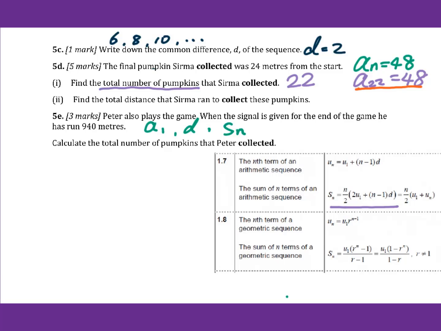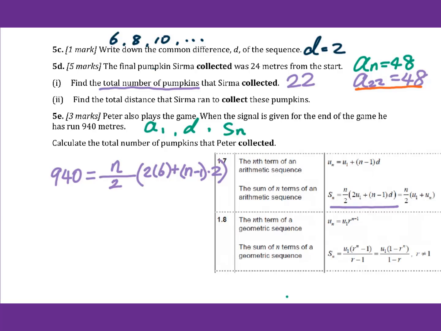We will set up like this. 940 equals n/2 times 2 times 6 plus n minus 1 times 2.